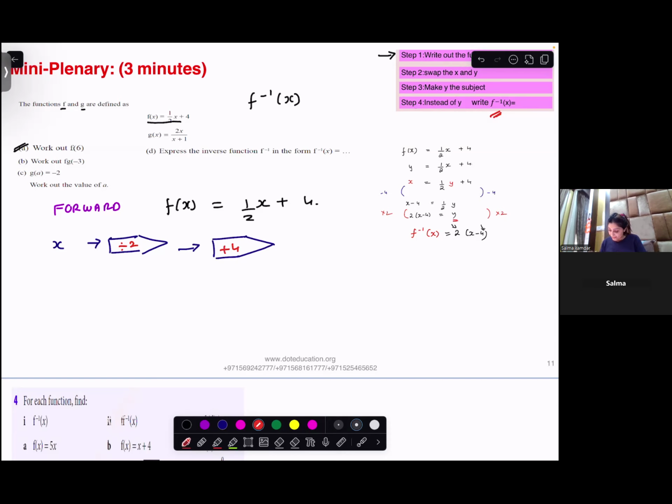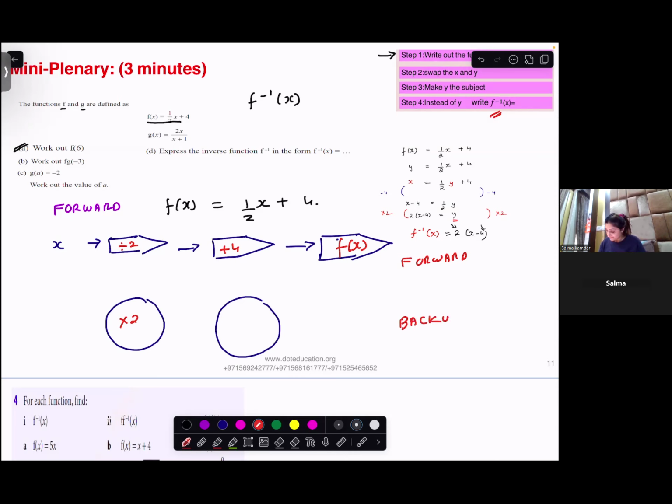Divide by 2, addition of 4, this is giving me my f of x. Now if I want to do exactly the inverse of it, what will I do? I will multiply by 2. This is the forward method that is happening. When I am doing inverse, I use the backward method. If I'm using the backward method, I multiply by 2 and I will subtract 4.